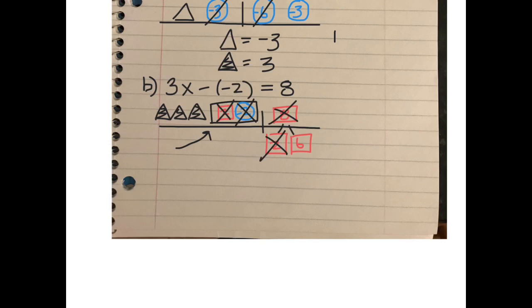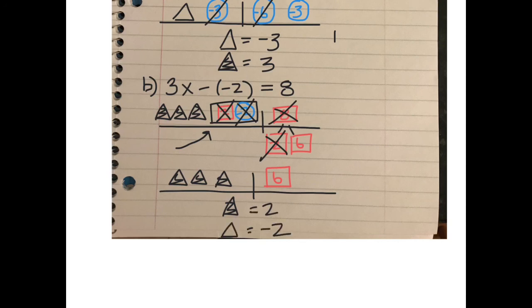Take 2 off this side. As I do my rewrite, I've got 3 shaded triangles that are equal to 6, which means that 1 shaded triangle is equal to 2, and the star would be equal to -2.